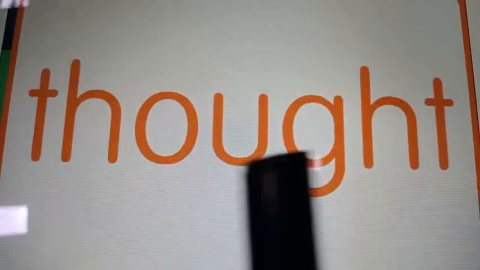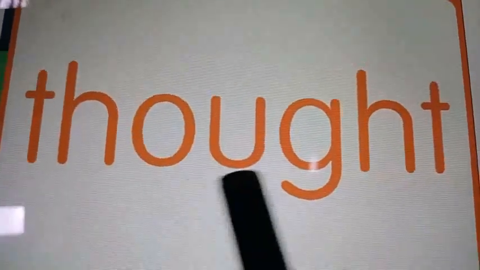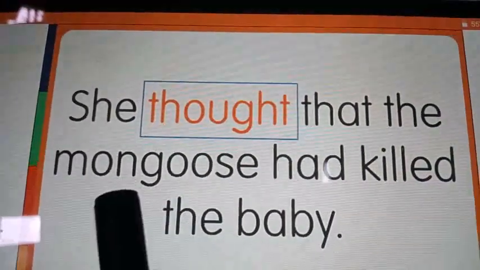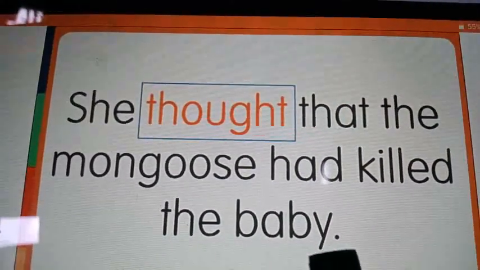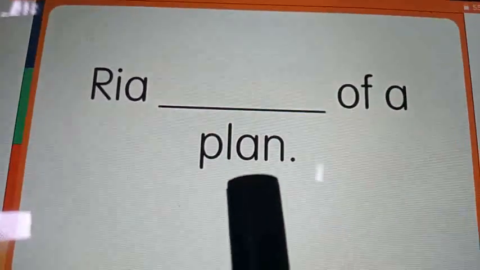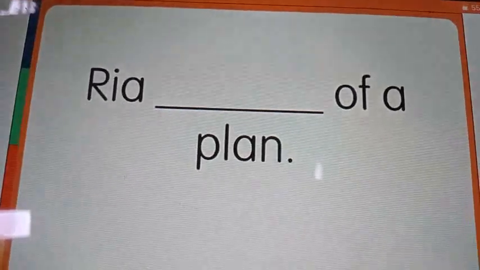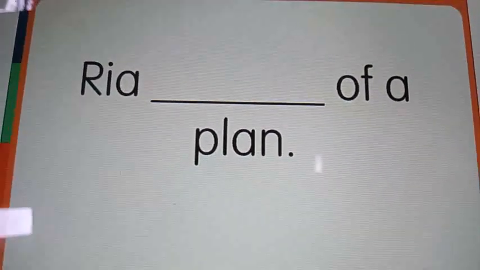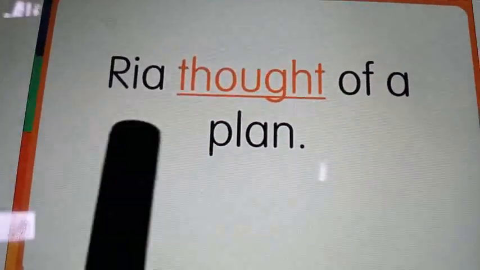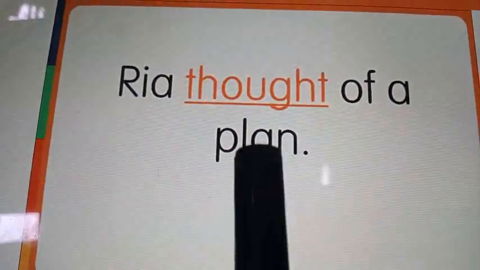Next, thought. She thought that the mongoose had killed the baby. Ria, dash of a plan. Which word comes here? Can you guess the answer? Yes, great, my dear children. Ria thought of a plan.